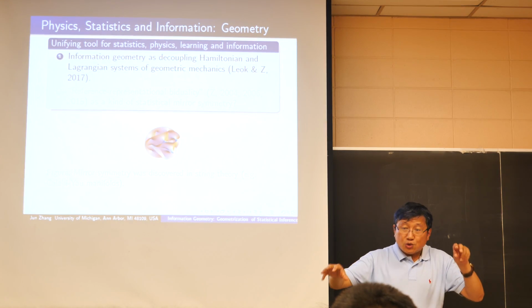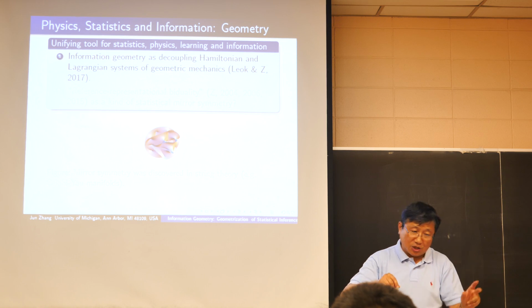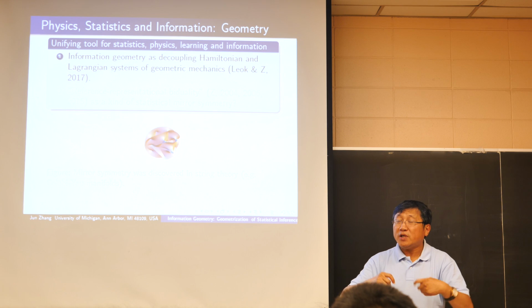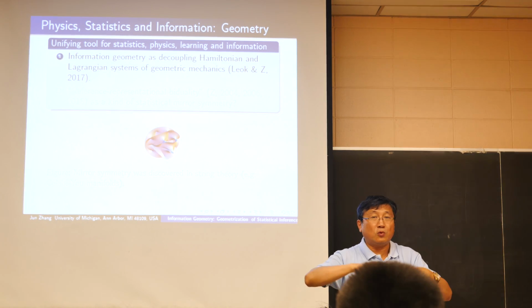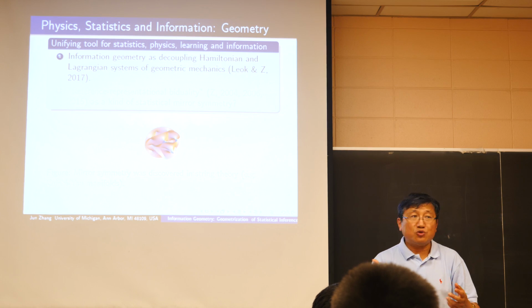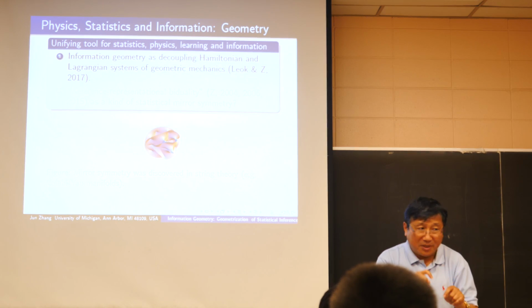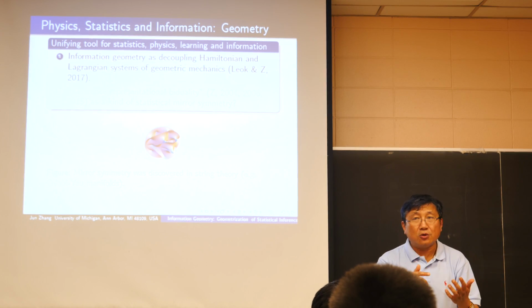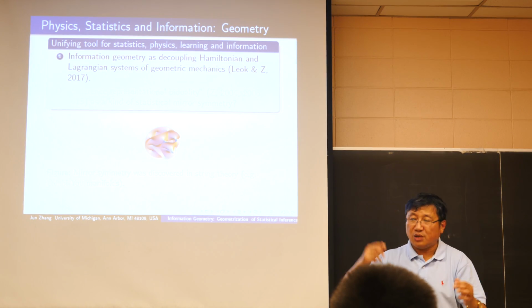But these two are linked with each other because the Lagrangian and Hamiltonian satisfy a Legendre coupling. What if this coupling is not satisfied? In fact, the divergence function in information geometry precisely characterizes this decoupling of the Lagrangian and Hamiltonian. Divergence is zero if and only if the Lagrangian and Hamiltonian are coupled.